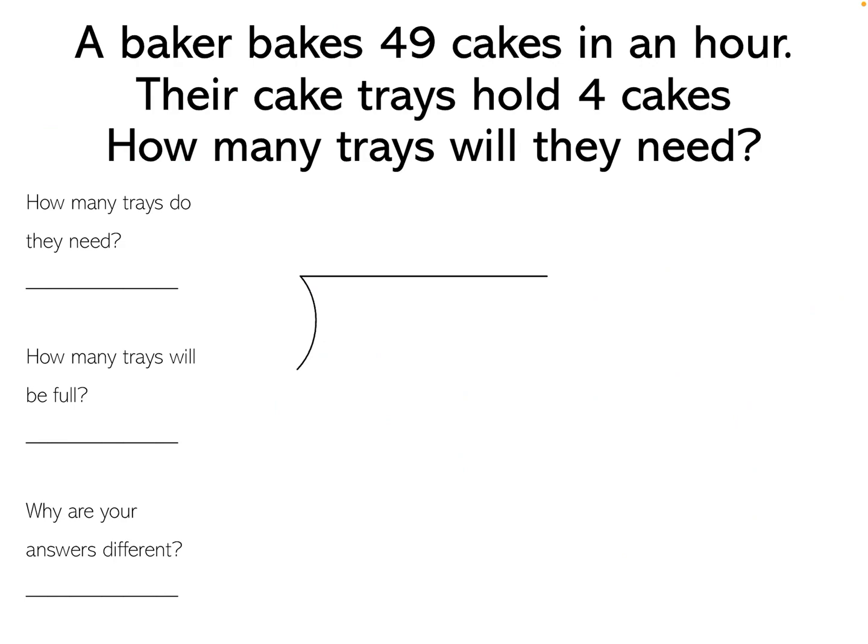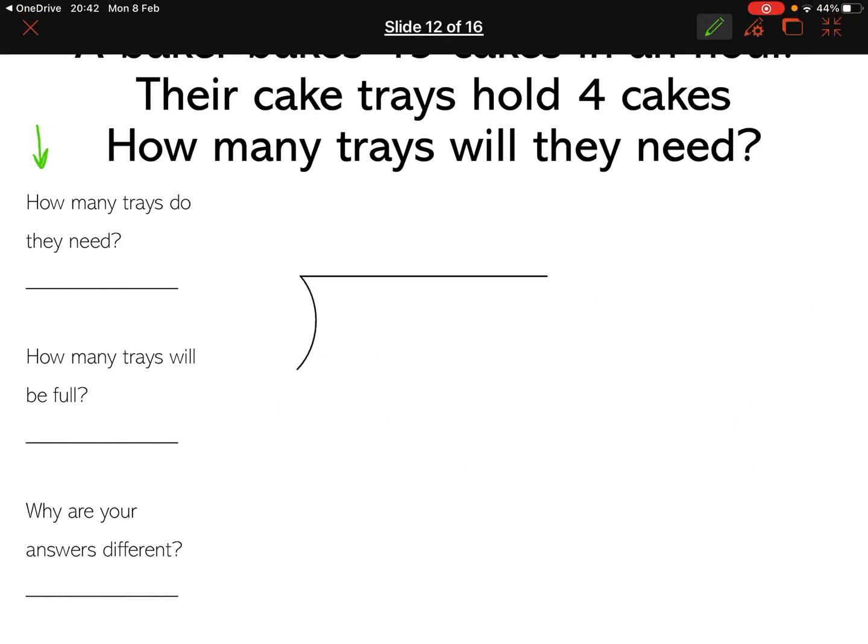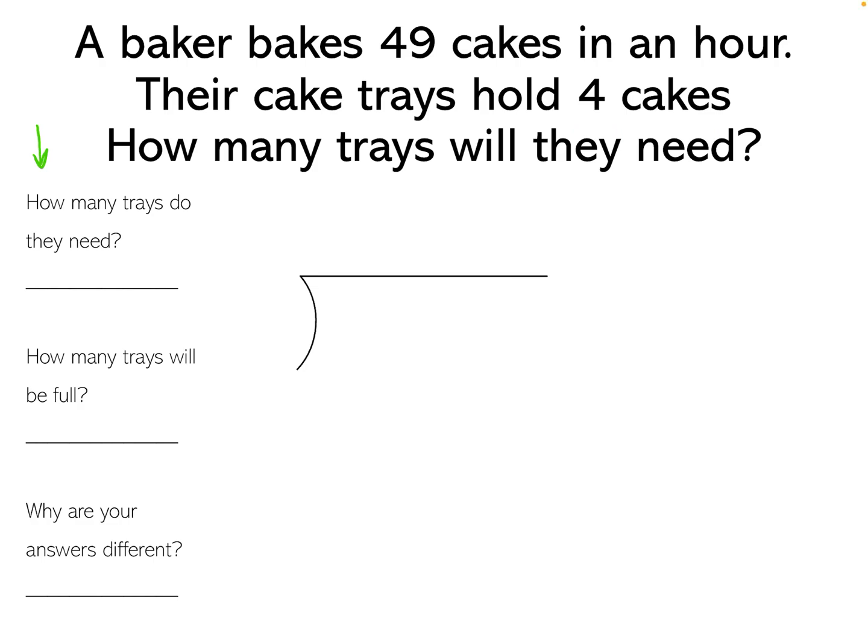Their tray holds 4 cakes. How many trays do they need? So you can use a more formal method for this. And now we've got lots of sub questions here I'm going to be wanting you to look at. But first, let's start with our main division.